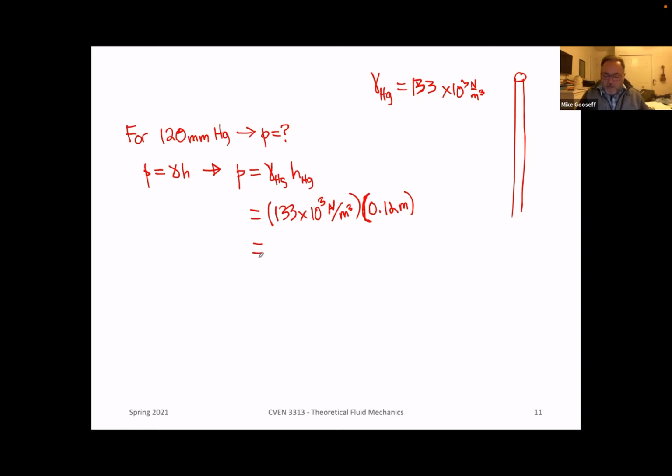I've got two significant figures on the right-hand side, after I've done the conversion. So I end up with 16 times 10 to the third newtons per meter squared, or 16 kilopascal.